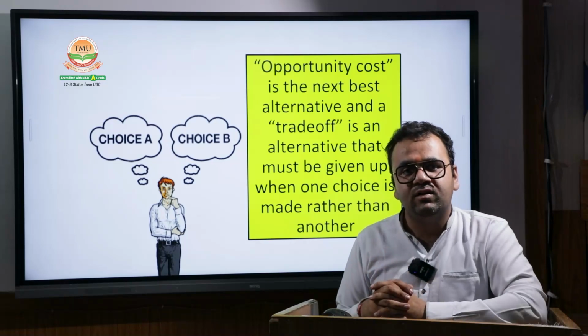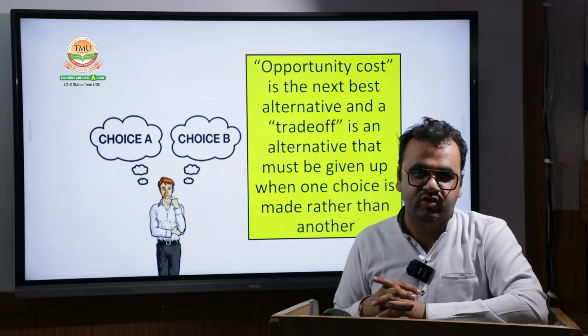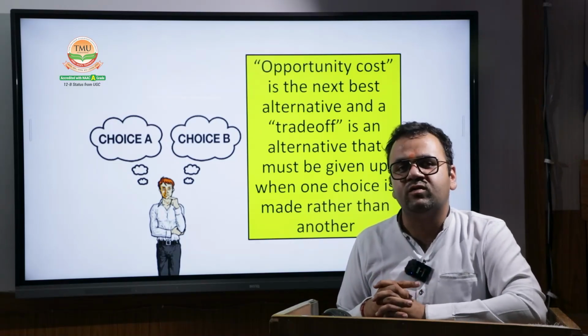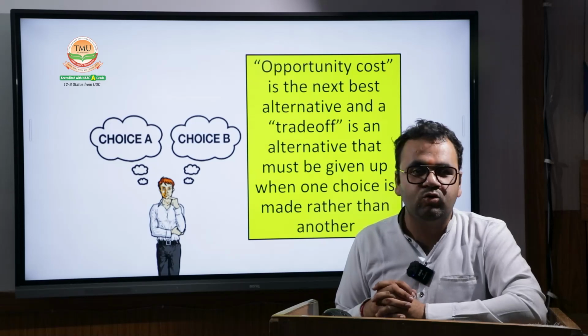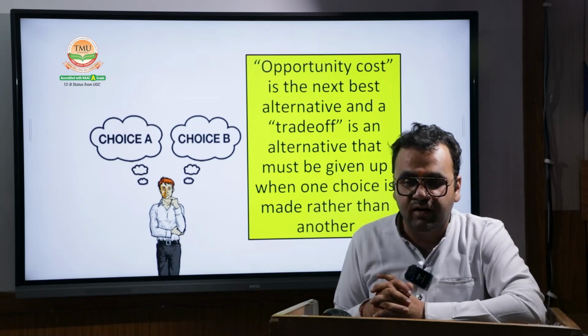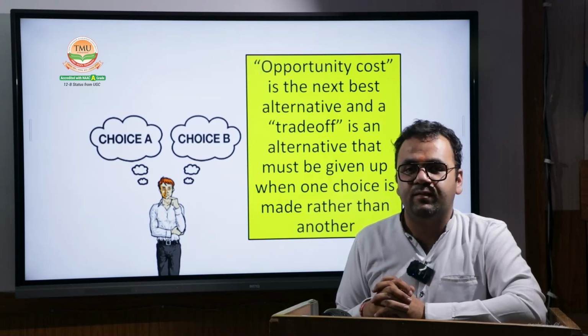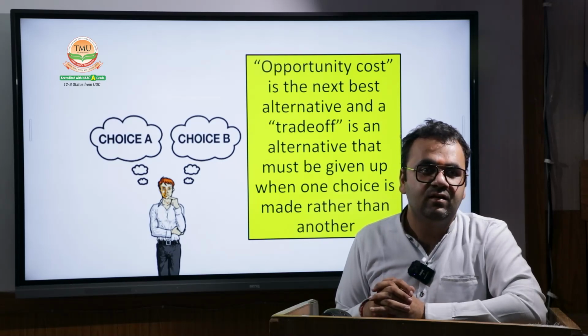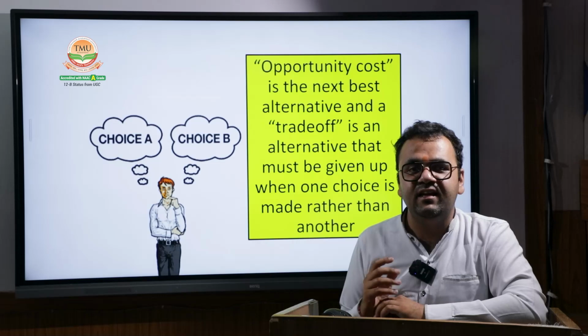You know about substitute goods. What are substitute goods? Substitute goods are those goods which can be used in place of one another. For example, tea and coffee. We have a substitute for tea, that is coffee.